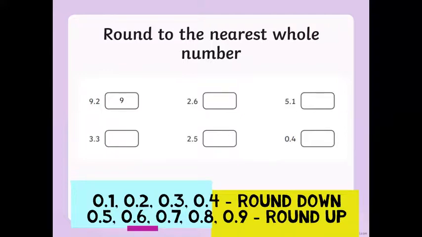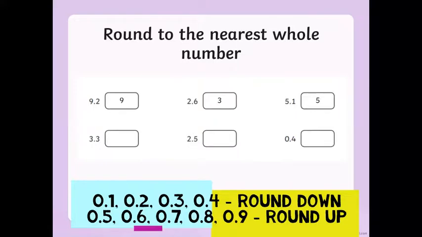Where do we round that to? 3, because the 10th column is a 6. 5.1, that would fall between 5 and 6. Where do we round that to? 5, because the 10th column is a 1, which means we round down.